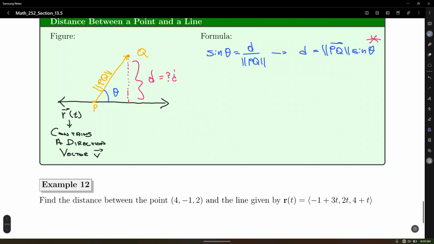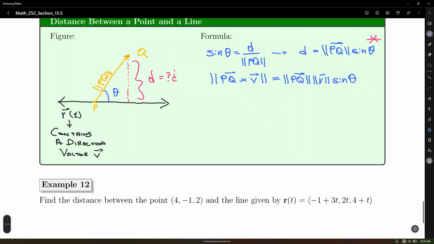But there is another definition that involves the angle: the magnitude of PQ cross V equals the product of the magnitudes of the vectors times sine of the angle. So here is where we're going to get rid of the trigonometric relation.